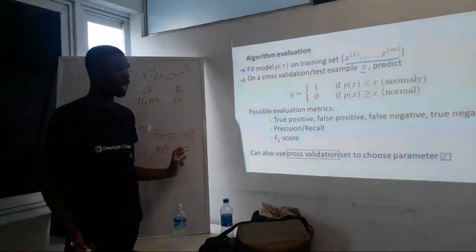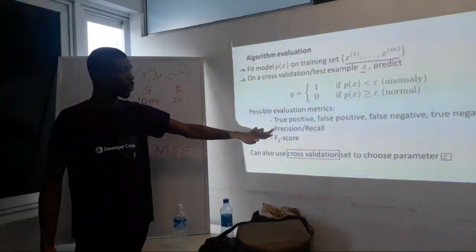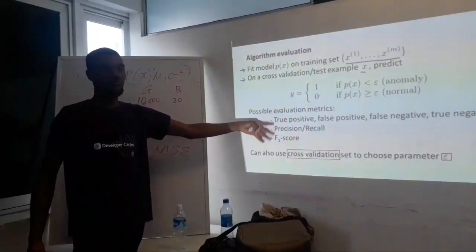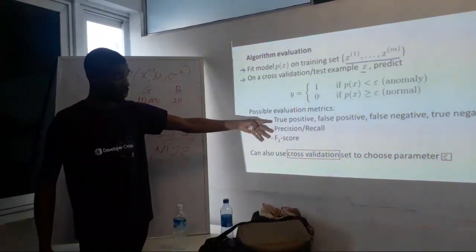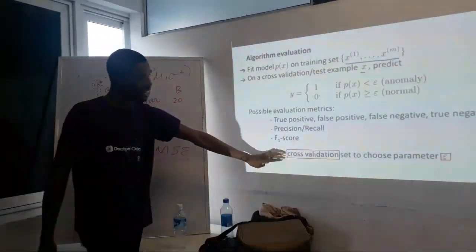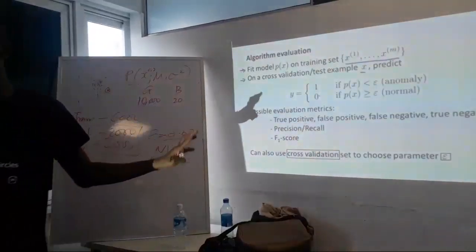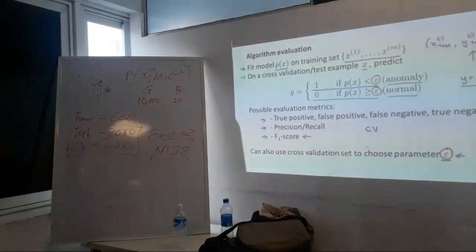But in this one, you're not going to apply this. This is what you're going to apply: look for F-score and precision recall. You should check online on how this stuff works. I didn't really have time to check online, but just check on how it works. But basically, you're going to use the validation to choose your epsilon. That's the most important thing concerning the validation.